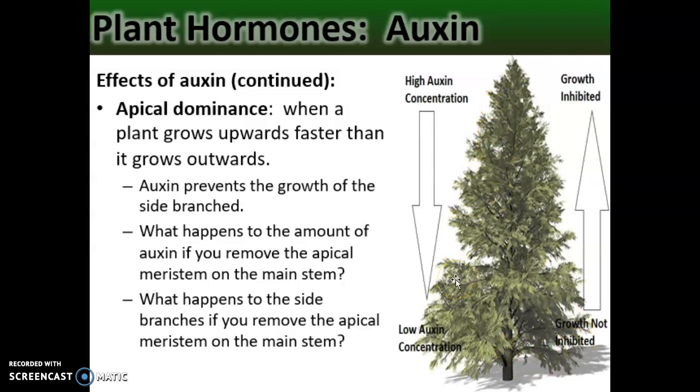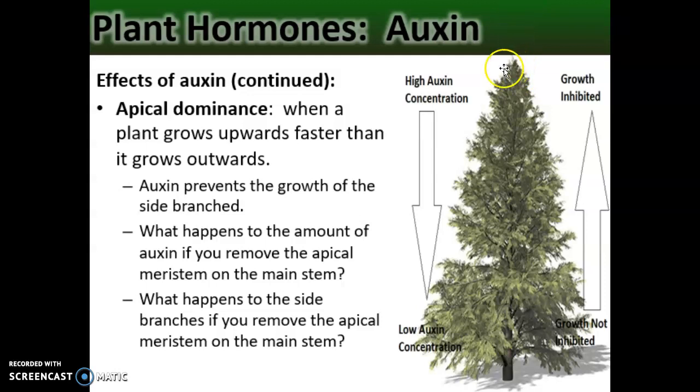Now, let's say for instance that you cut off the very tip of this tree. So you snip off the apical meristem up here. What that does is two things. The apical meristem is the only growing region of the plant, so it prevents that stem from going upwards any higher. Now that plant will still grow, it just won't be able to grow any higher.